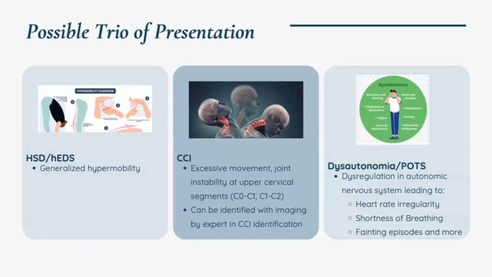When they're having dysautonomia and POTS-like symptoms with that heart rate irregularity, shortness of breath, fainting episodes, other things related to the autonomic nervous system, I will be monitoring vitals and just generally observing and making note of changes in the patient throughout the exercise or throughout manual therapy. So there's a lot of observation that's happening during physical therapy when we're working with someone who has CCI.